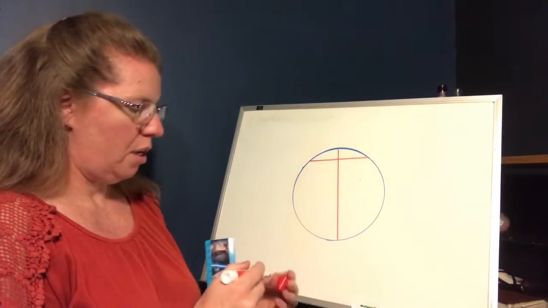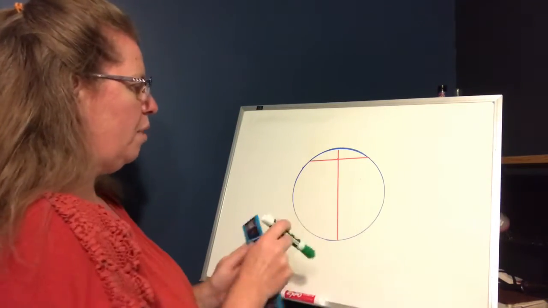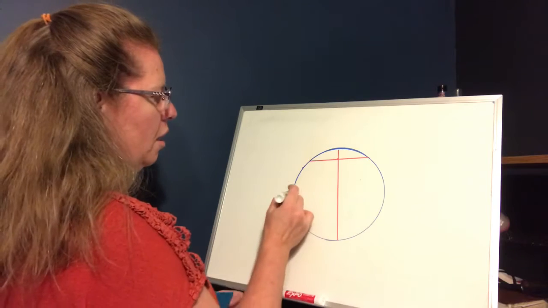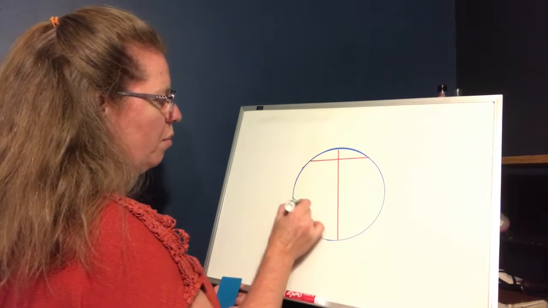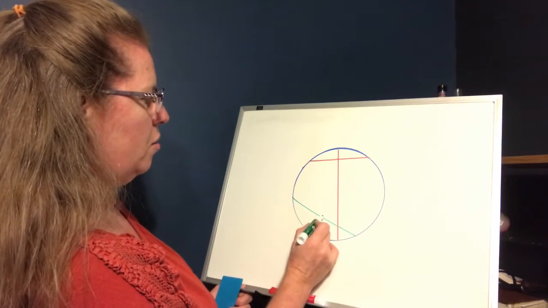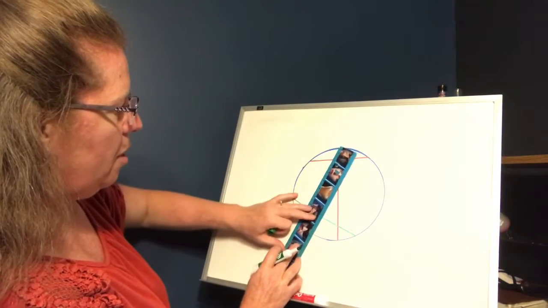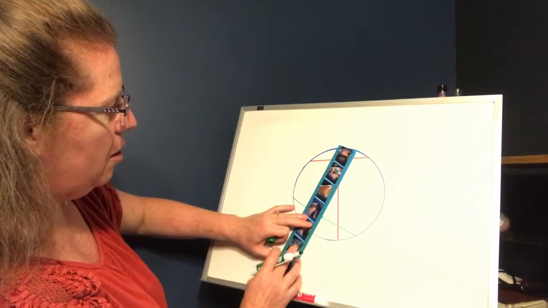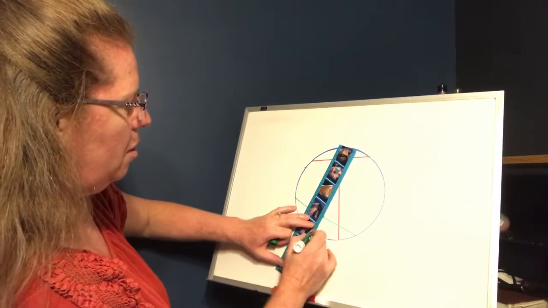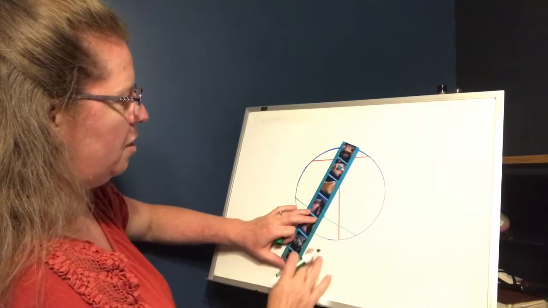Alright, there's one. Let's try another color. Maybe kind of a big one. Let's see what happens this way. So again, estimate. Try to get it perpendicular, which is possible. My board likes to move a little bit.